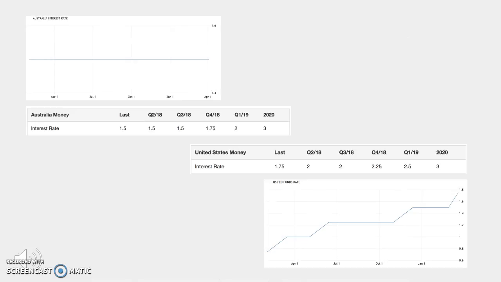In reference to tradingeconomics.com, although over the period of the last year the Australian interest rate has been constant at 1.5%, it is predicted that by 2019 the cash rate will increase by 1% and another by 2020.